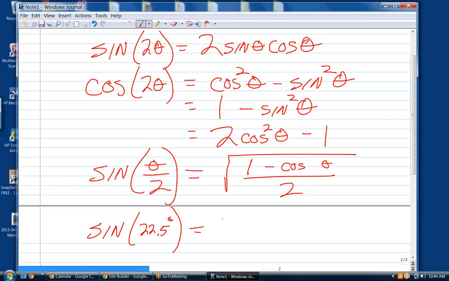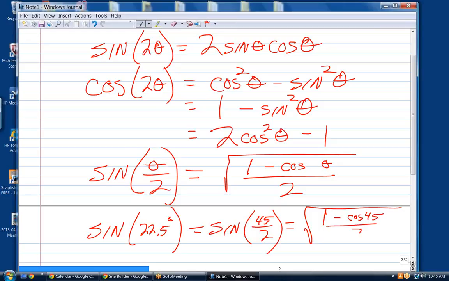The sine of 22.5 is the same as the sine of 45 over 2. So when we write it like this, we see that theta is 45. So now we're going to substitute 45 for theta. So it's 1 minus the cosine of 45 over 2.